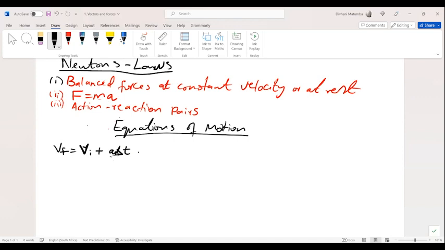And that will give us equation number 1. So that's the equation. So we also have this equation.